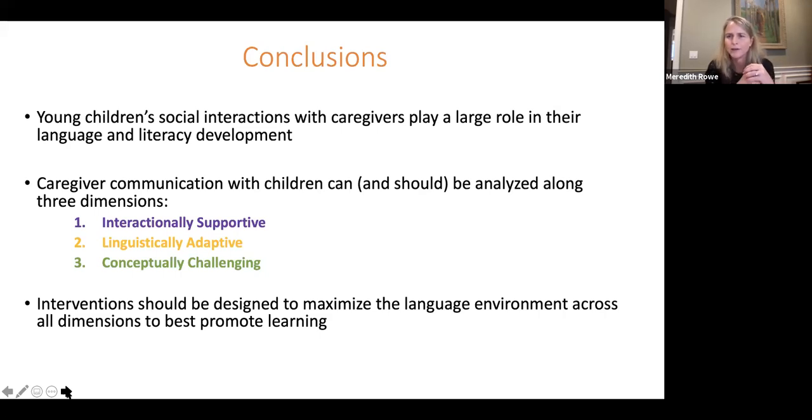It's hard when you're sitting there with a whole bunch of preschoolers to think, I need to use more complex sentences. On the other hand, if you say, why don't you talk more about the future and what's going to happen next week, then they're automatically using those longer multi-clause utterances and more conceptually challenging speech and getting more back and forth conversations going.